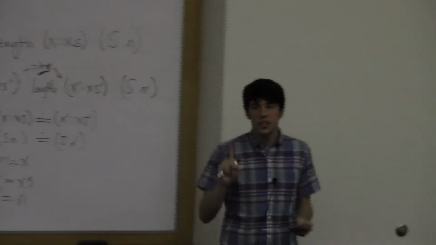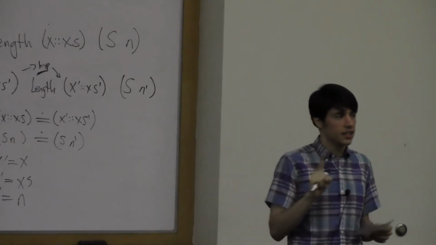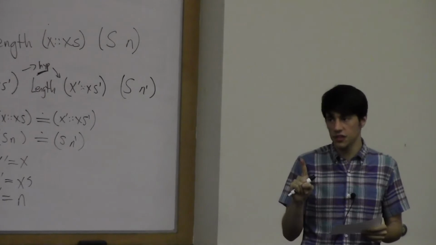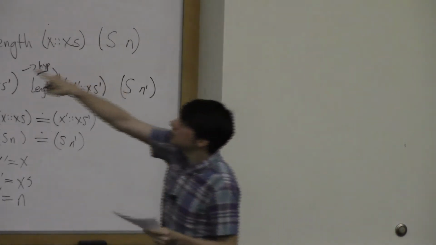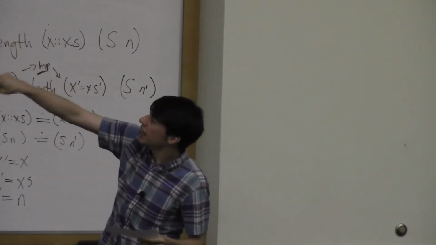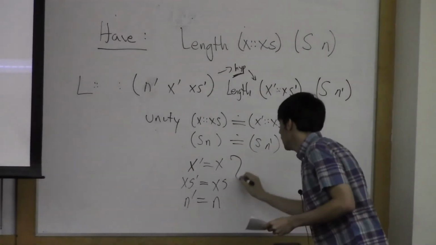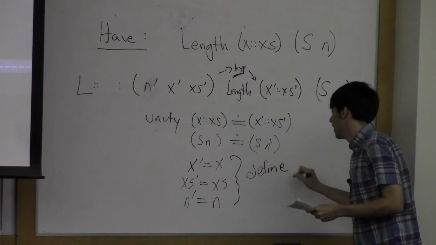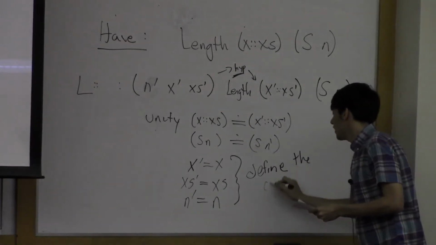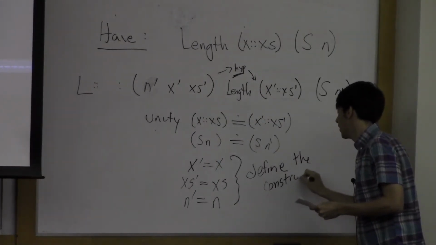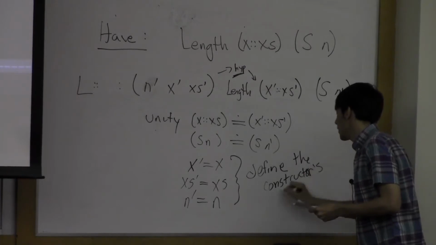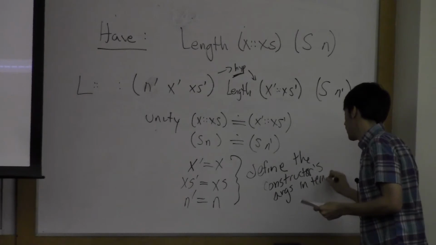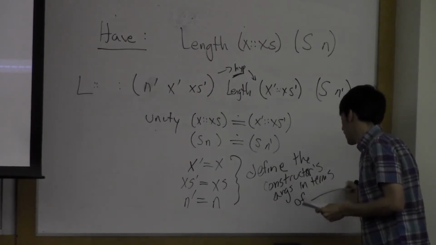Okay? So there's an interesting thing to note here, which is in this way of doing the proof, where we split on L and then N, what we get is equations that define the constructor arguments in terms of other stuff.